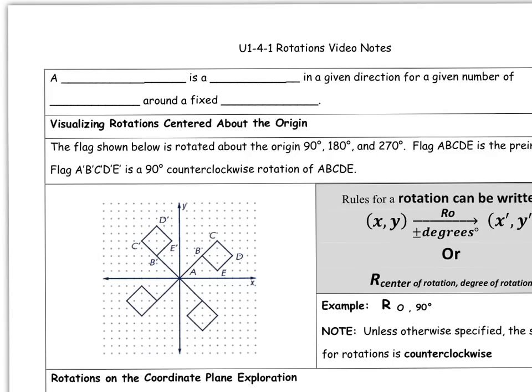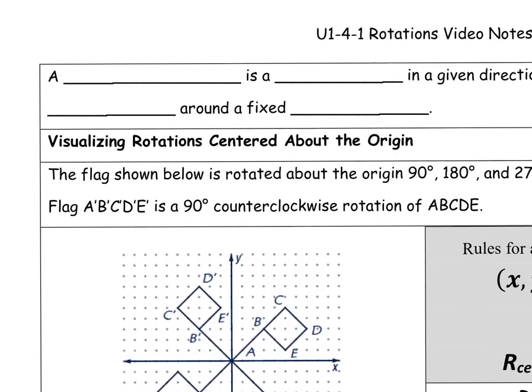So let's take a look at the definition of a rotation first. A rotation is a turn in a given direction for a given number of degrees around a fixed point.